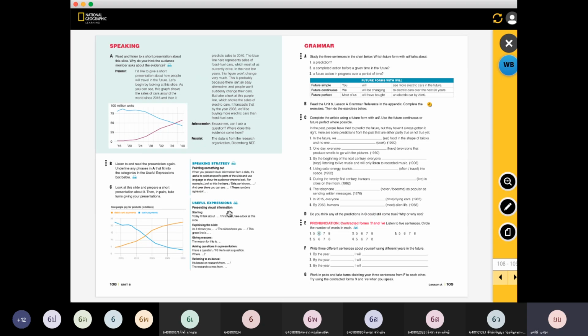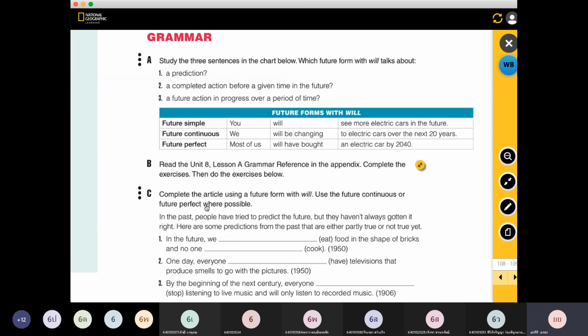Okay. So as we are focusing on prediction and we are focusing on science, when we talk about science and prediction, we cannot get away from one of the grammatical aspects that we can use to point out prediction.